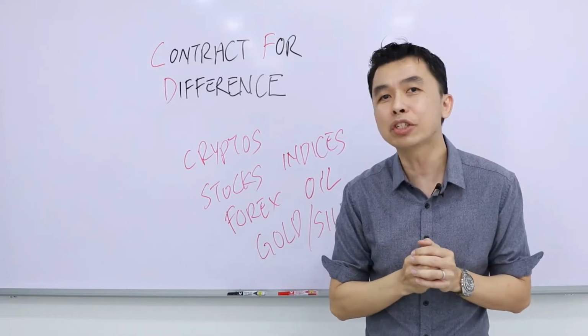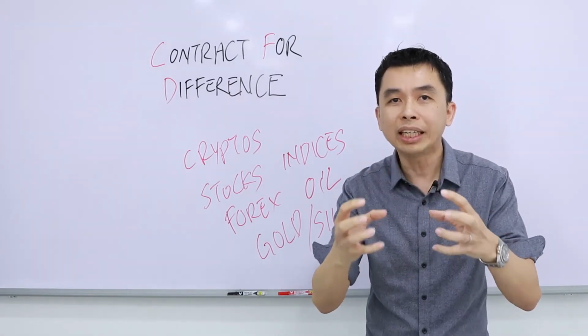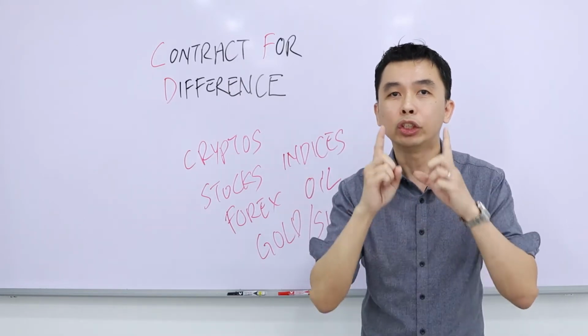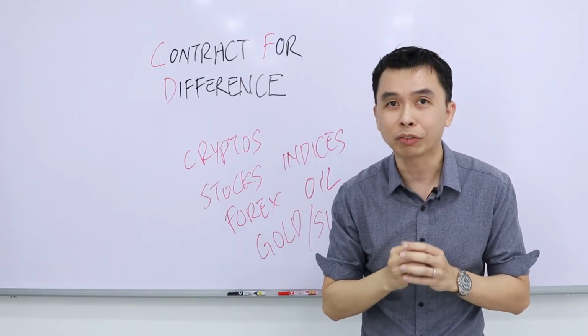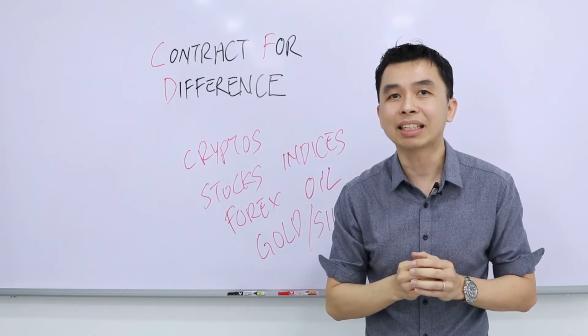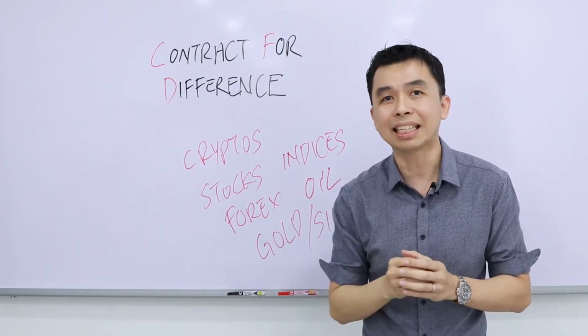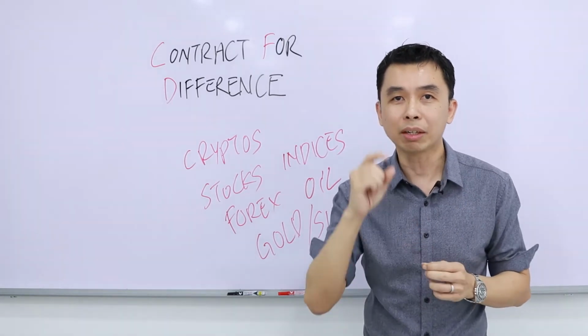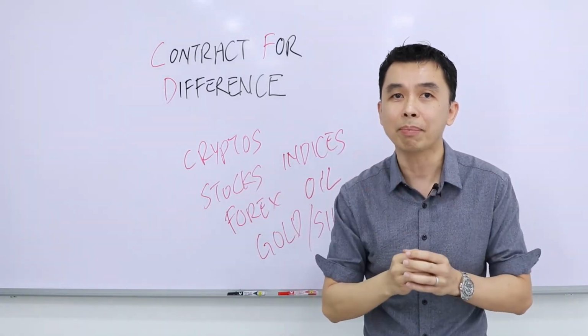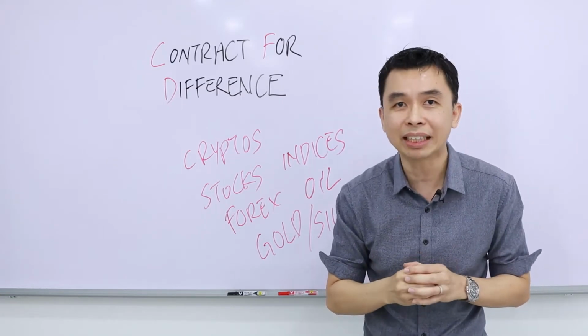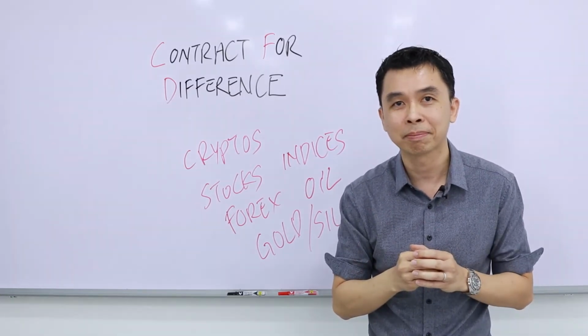But in CFD trading, you are not owning the asset. You are just basically trading the price of it. You do not need a storage for it. So that is the first advantage. Of course, I will share with you in later lessons how by trading the prices of an asset, you can be making profits.